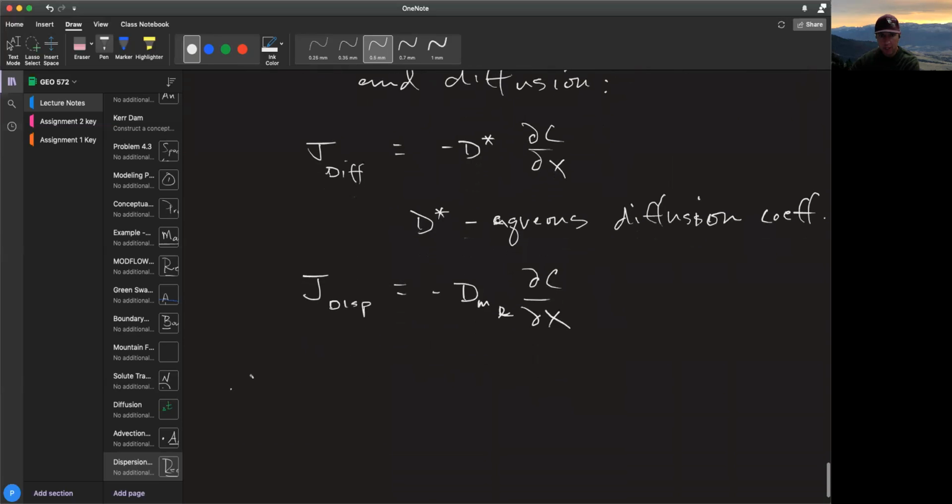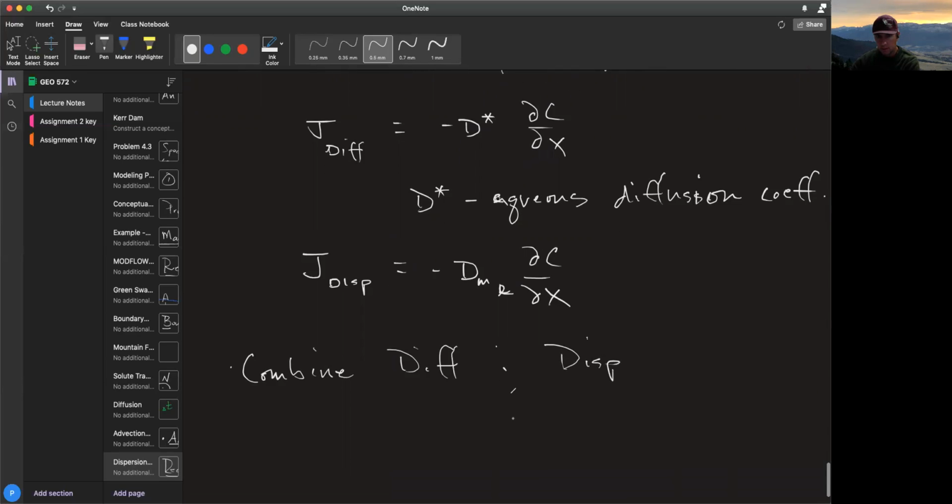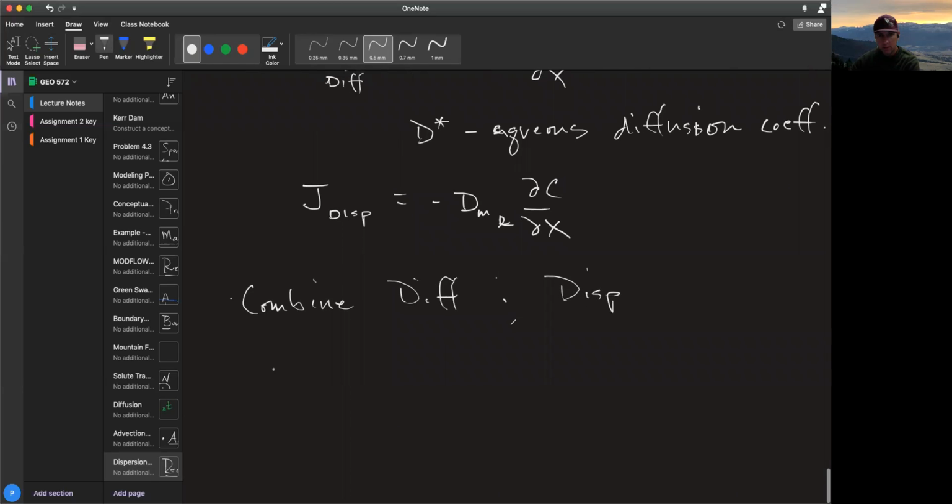So we combine diffusion and dispersion by saying J_DH is equal to J diff plus J disp.